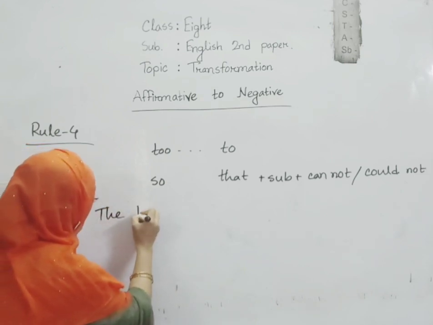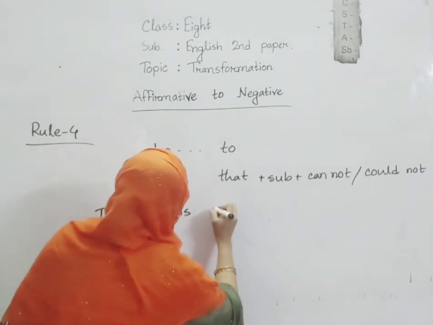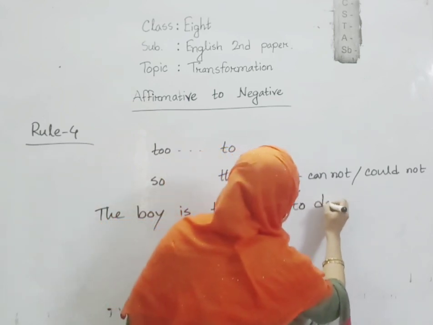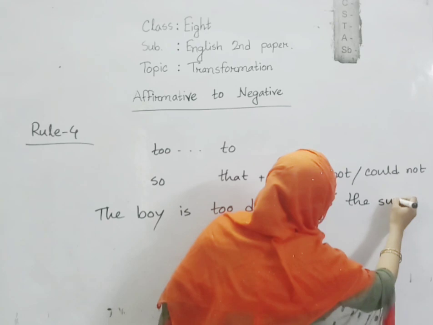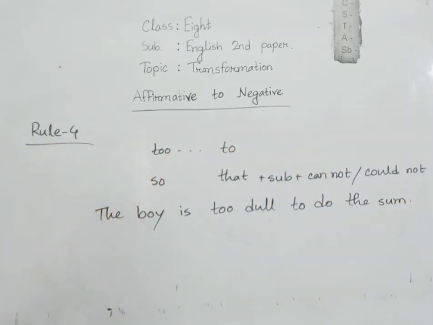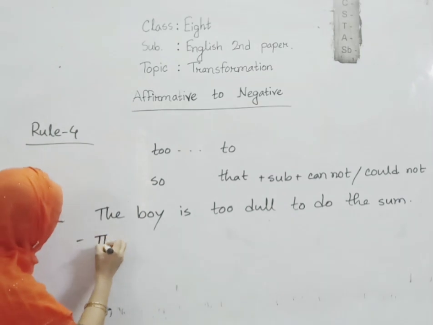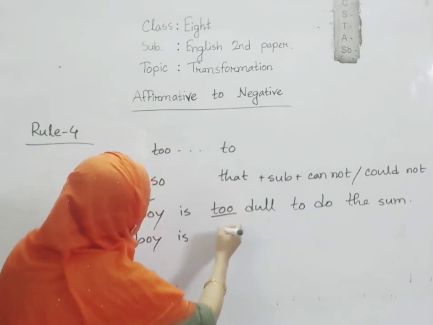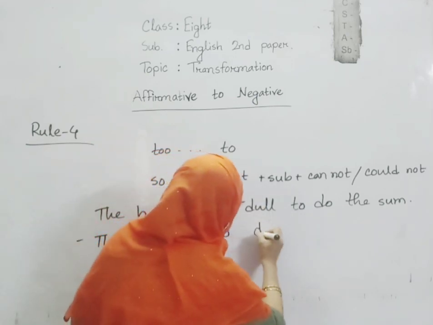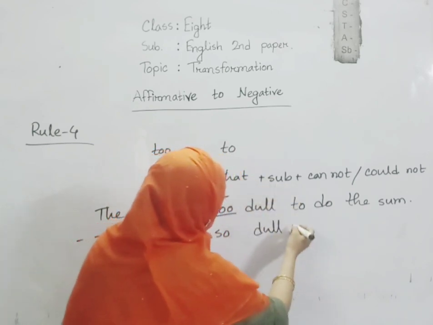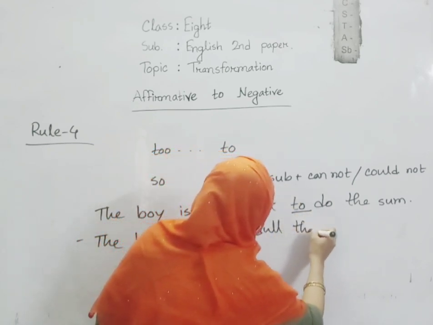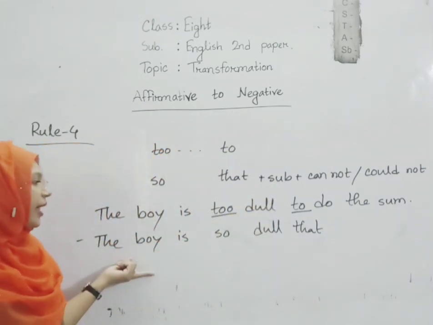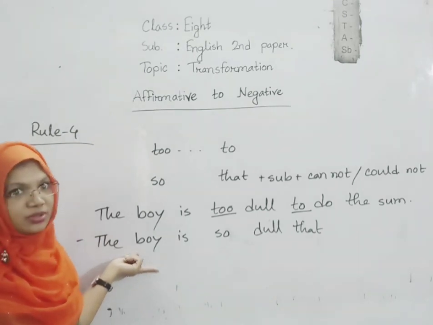The boy is too dull to do the sum. According to the rule, the answer is the boy is, for too, so dull, and according to the rule that the subject, here the subject is the boy, and we have to write down the pronoun now.